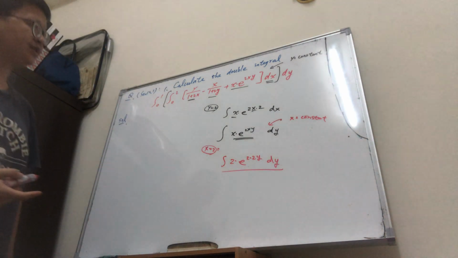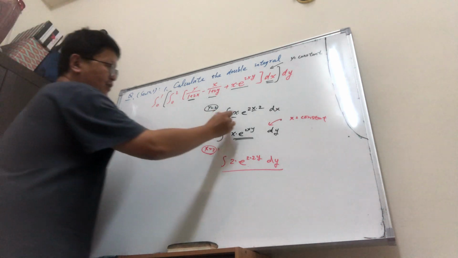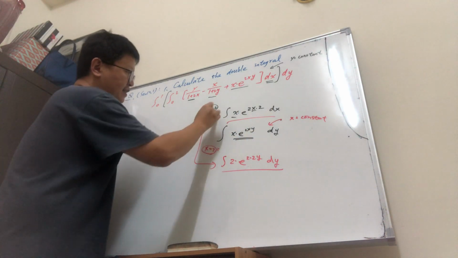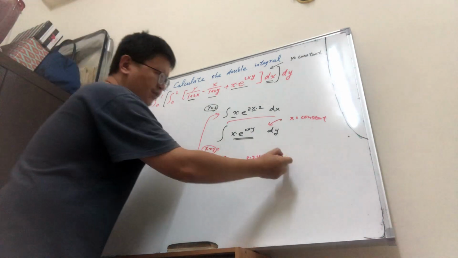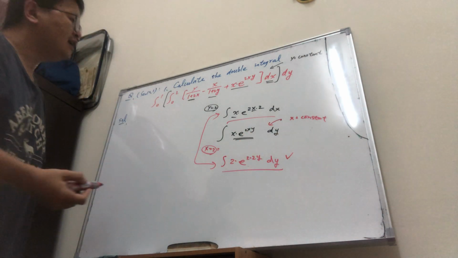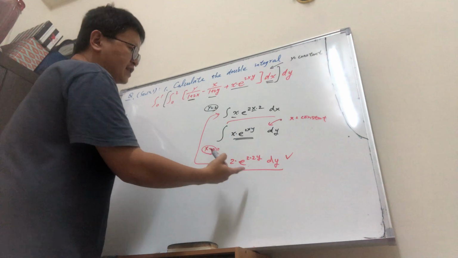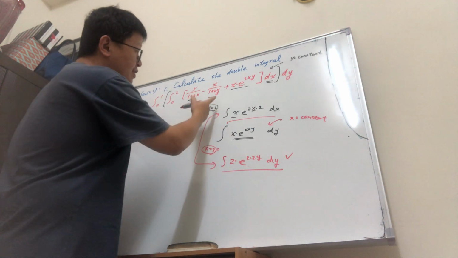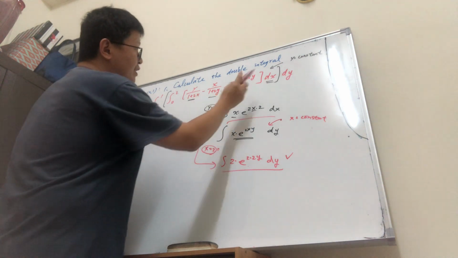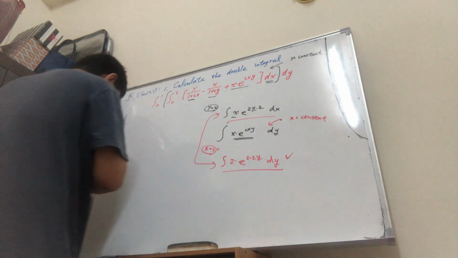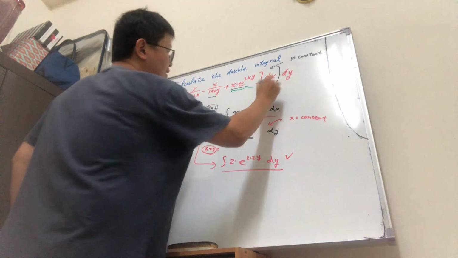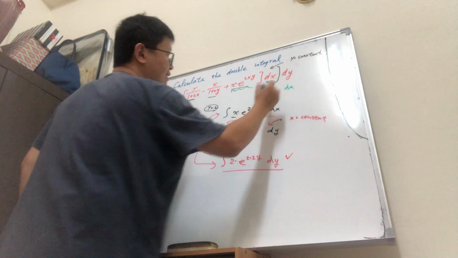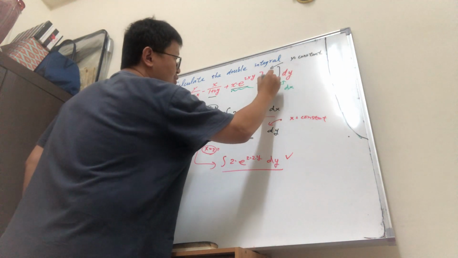If I ask you which one is easier to solve, of course this one, right? So for this term, we will integrate by y firstly, and after that integrate by x. It means that we should interchange dx and dy.